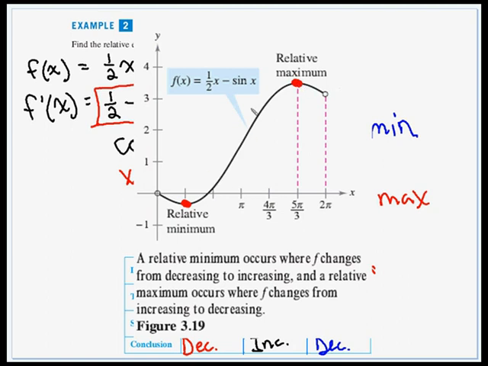Then we tested our intervals. On our first interval from 0 to 1/3 pi, we were decreasing. And on the second interval from 1/3 pi to 5/3 pi, we were increasing. So decreasing to increasing, we knew that first critical number was a min. Then we checked our last piece from 5/3 pi to 2 pi, and once again we were decreasing. So we went from increasing to decreasing. We knew that was the top of a hill, or a relative max.